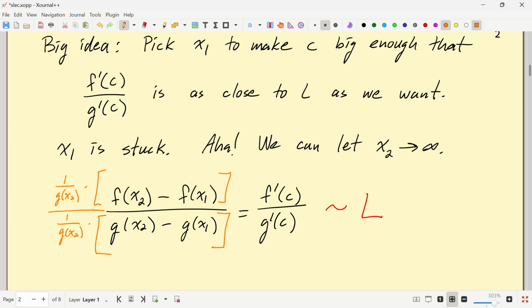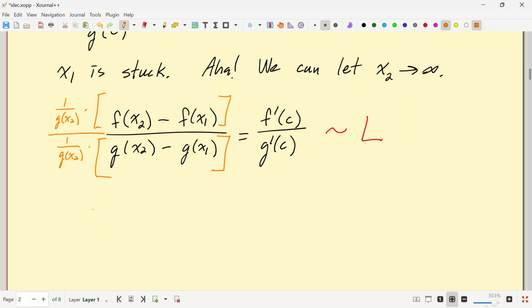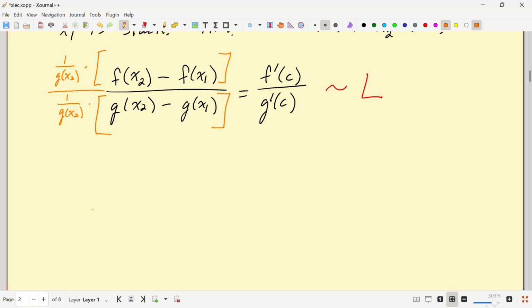And remember, g of x is going to infinity, so I can assume x is bigger than m to make that non-vanishing.